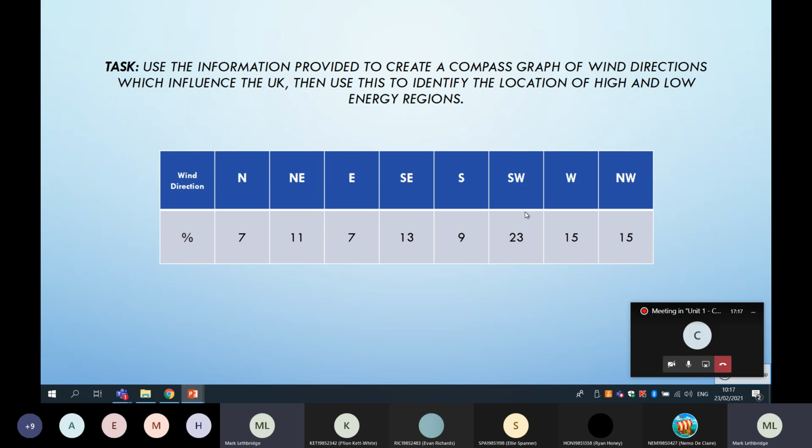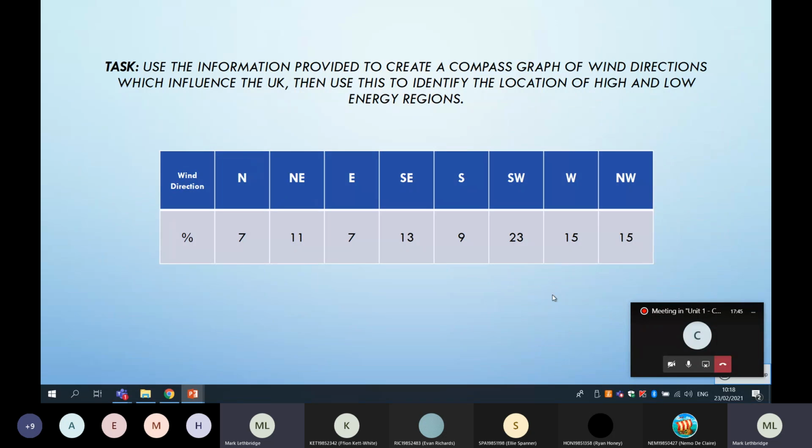This little table that is up on the board shows the percentage of wind that comes from certain directions. So the higher the percentage, the more often the wind blows from that particular direction. And you'll notice that the southwest, the west, the northwest, and the southeast are our larger wind directions in terms of percentages, especially the southwest.